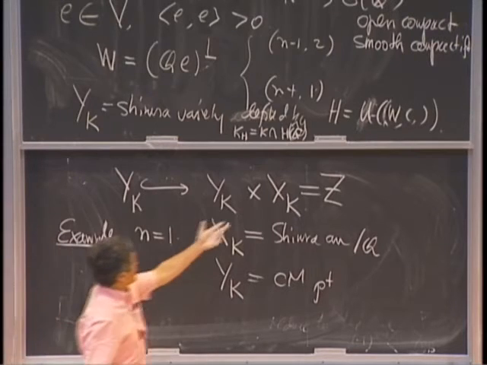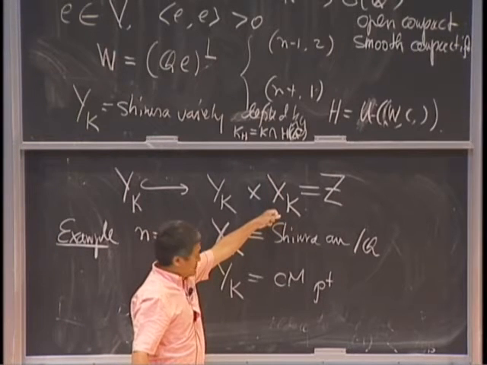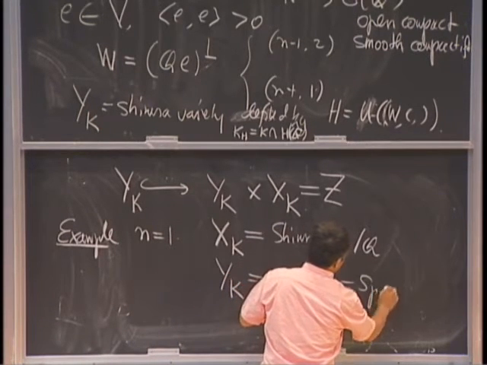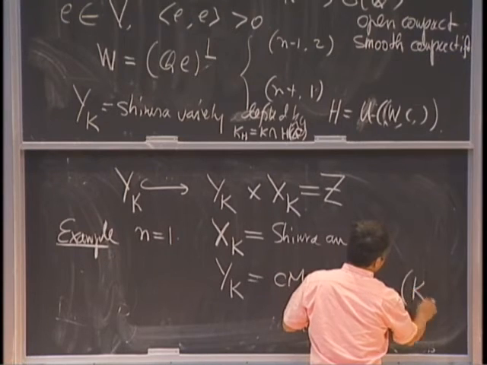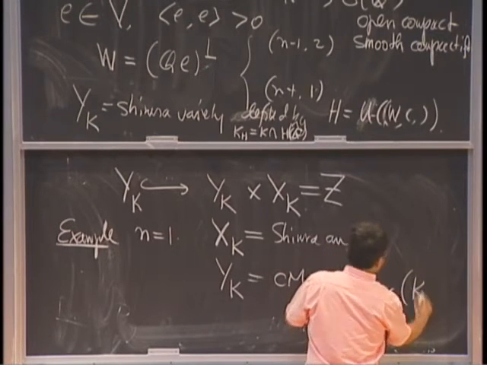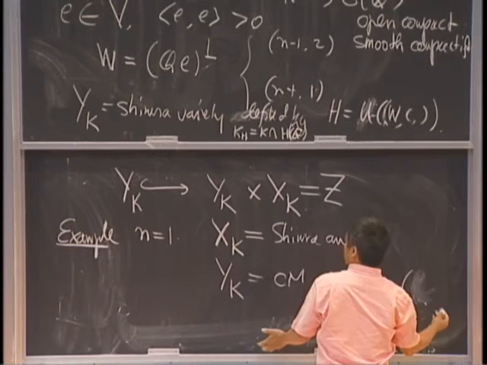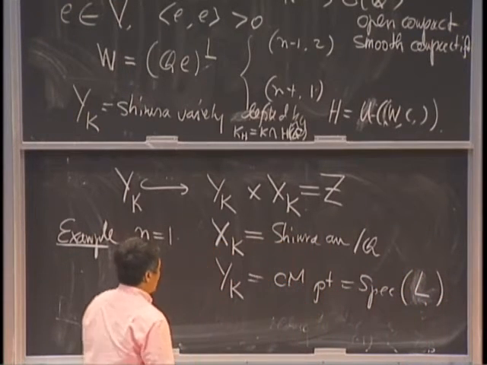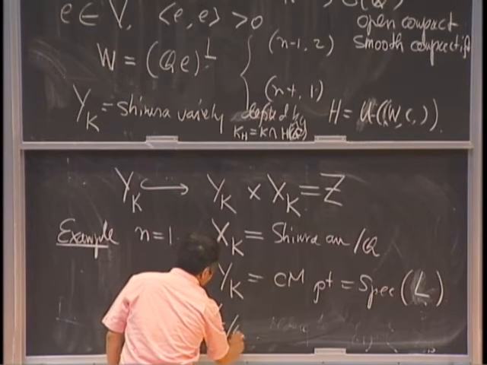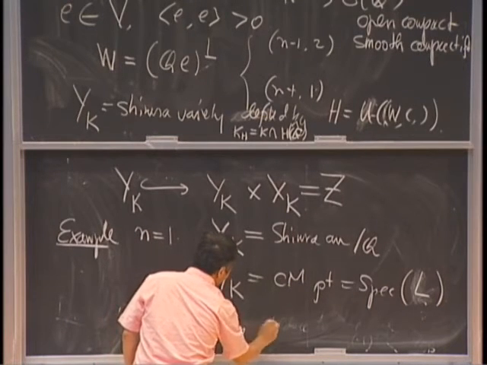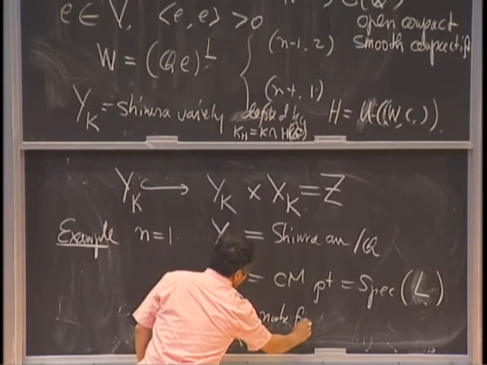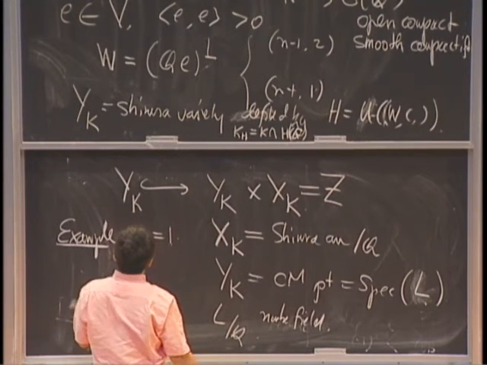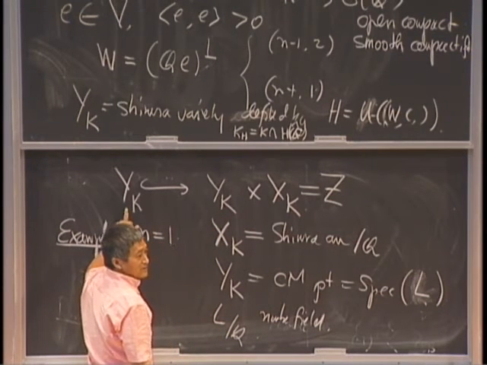This is just the base change of your Shimura curve to a certain field L, where L over Q is some number field. This is just a point defined by L.